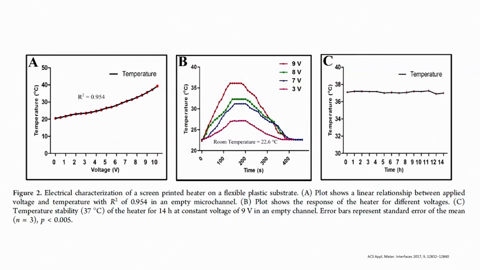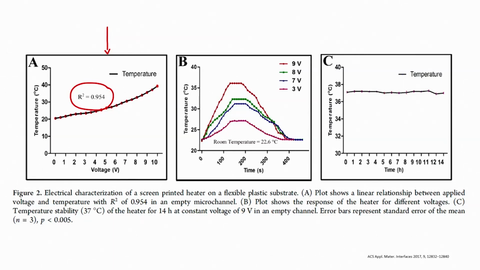The electrical characteristic of a screen printed heater on a flexible plastic substrate is shown here. You can see here, as you increase the voltage, the temperature of the heater also increases and the R square value is close to 0.94.